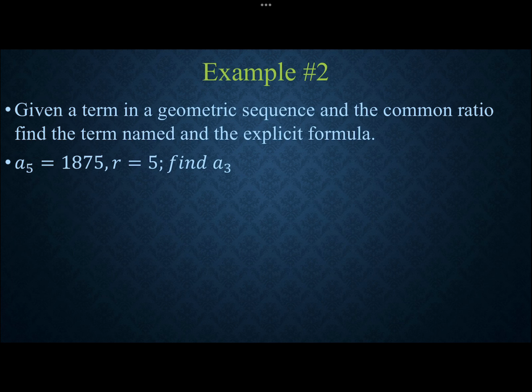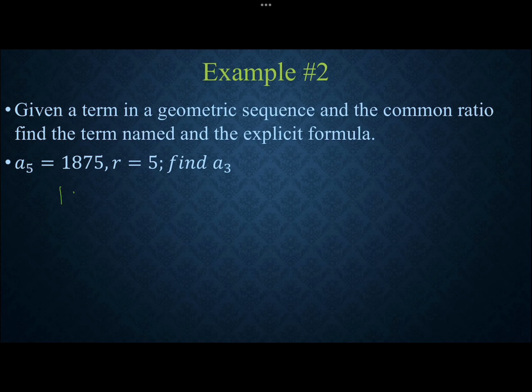Now, we don't necessarily have to be given the first term to be able to write our equation. We can work backwards to find our first term. So we know that a5 is 1875 and r is 5. Find a3. So we need to find the explicit formula first, which means we need to get a1. So we work backwards from the explicit formula.